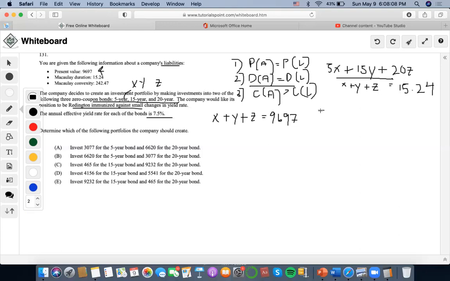So it would be 5 squared times x plus 15 squared, and so on, over the present value, which is equal to 242.47.